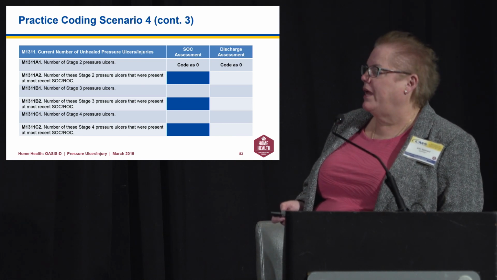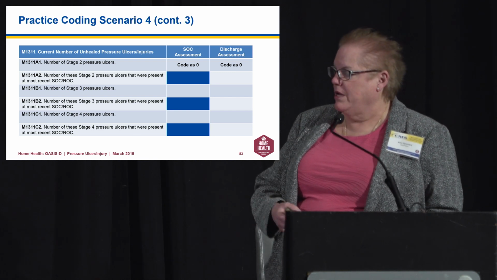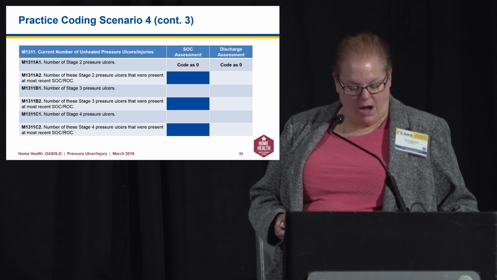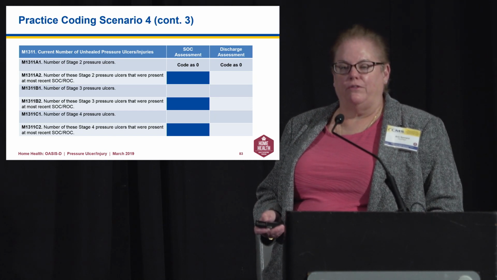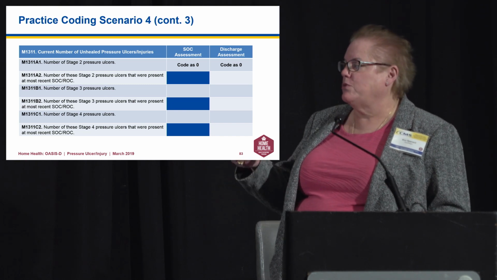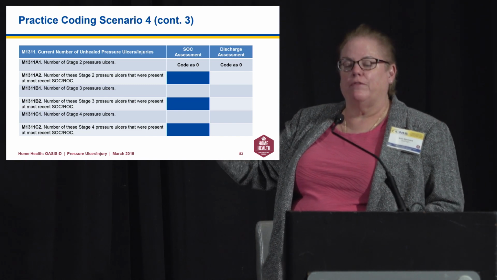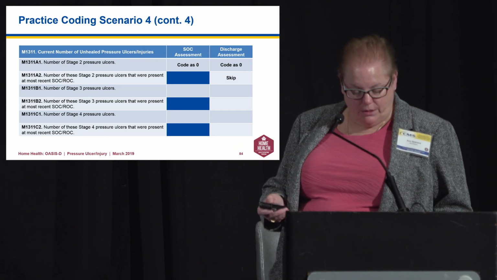Good. And then the number of these stage 2 pressure ulcers that were present on the most recent SOC/ROC. So what am I hearing? 0, or really it should be skip, right? This would be a skip pattern because, remember we talked earlier, if we have 0, it would be a skip.